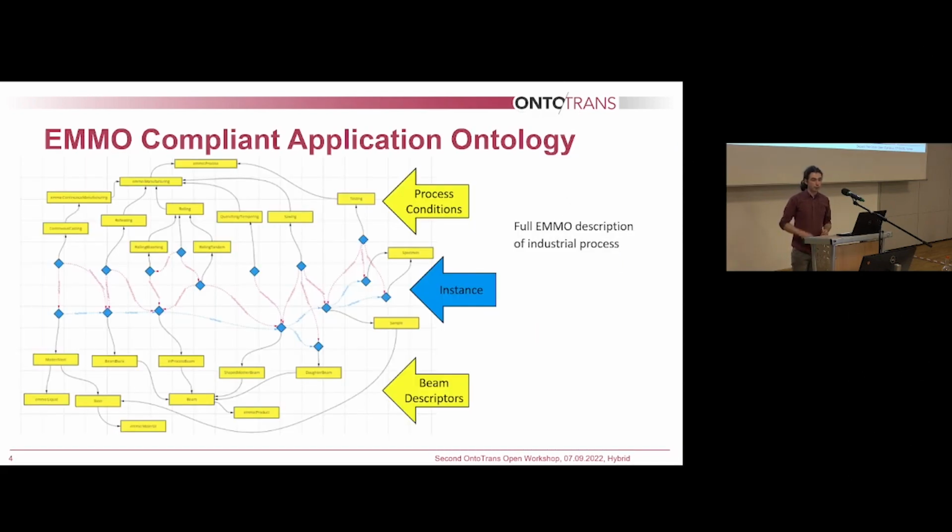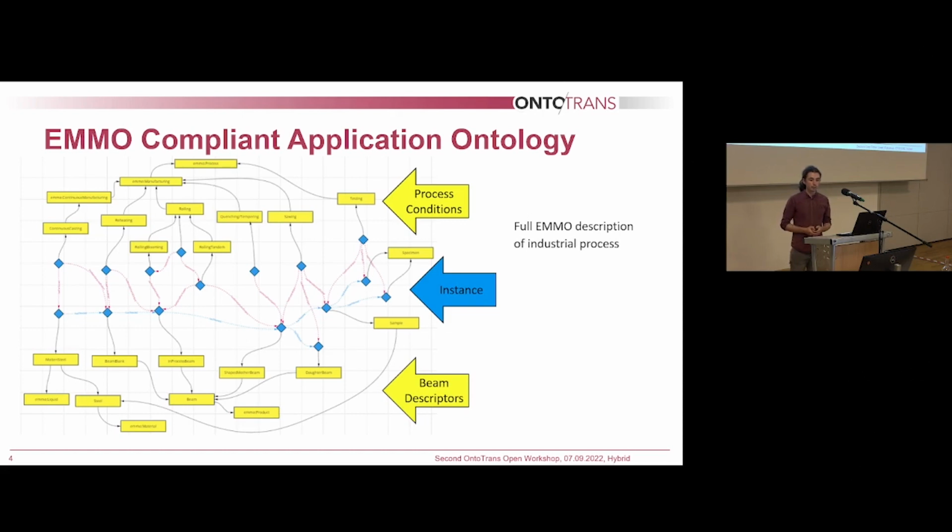So as we've seen before, this is translated into an EMMO compliant ontology. Up the top, we have the process conditions. That's things like the rolling, which is split into two subclasses, the blooming rolling and the tandem rolling, and all of the processes we saw in the previous diagram. On the bottom there is another element of the T-box.